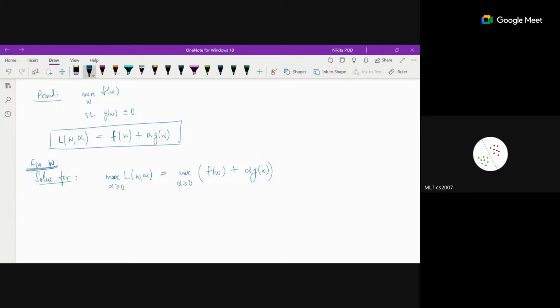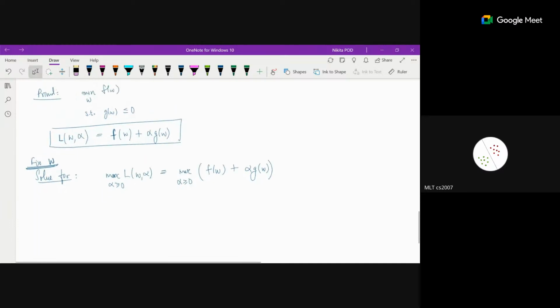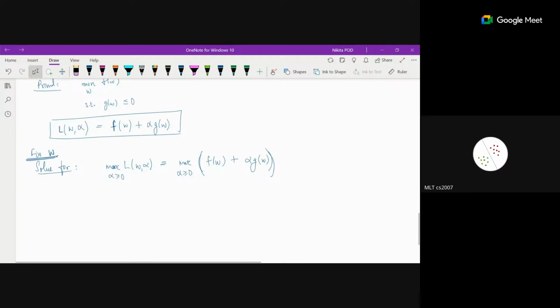Now, we want to maximize this term. If we change certain conditions, this will give me different values.